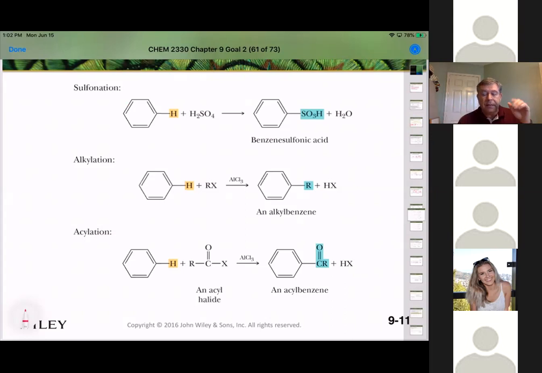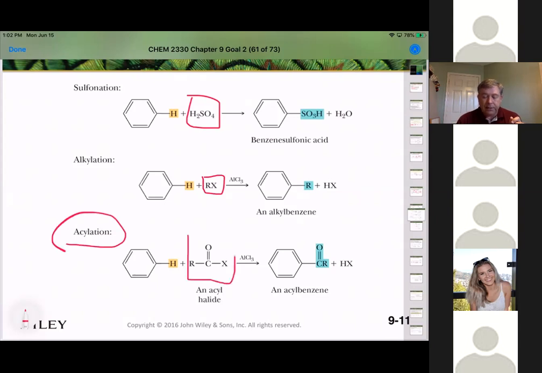So that being said, we can do that with sulfuric acid. The same thing happens. Another molecule of sulfuric acid protonates the sulfuric acid, giving us an SO3 positive charge as our reactive species. In the presence of HRX, we can actually take an alkyl group with a halogen on it and have it form that same complex, giving us a carbocation, a stabilized carbocation, and that means that carbon is the one that ends up on the benzene ring. And then we have a new reaction, which we haven't done before, which we call an acylation, okay?